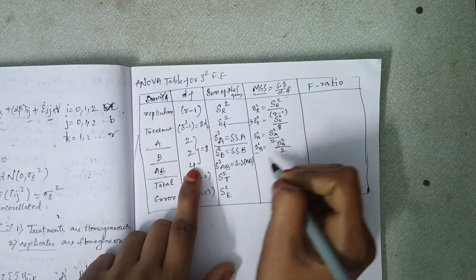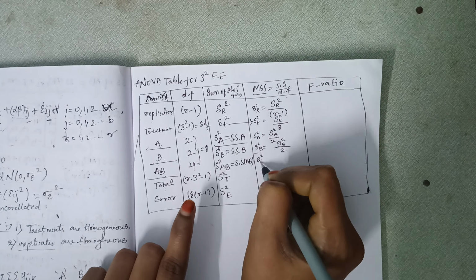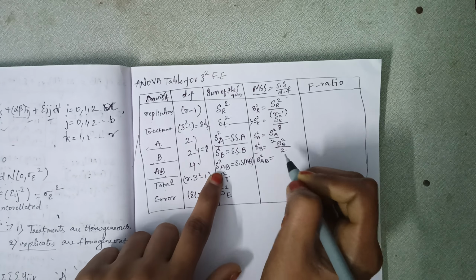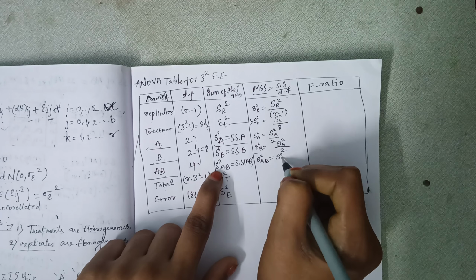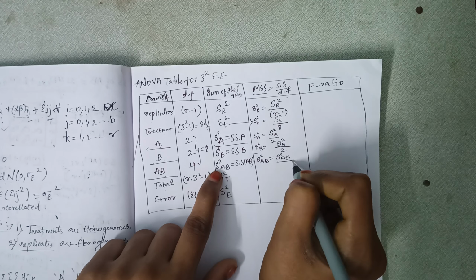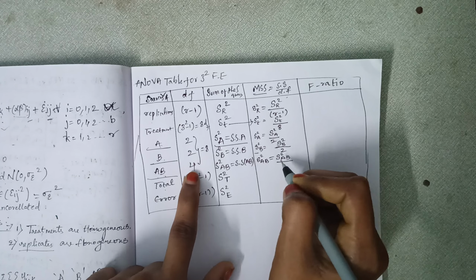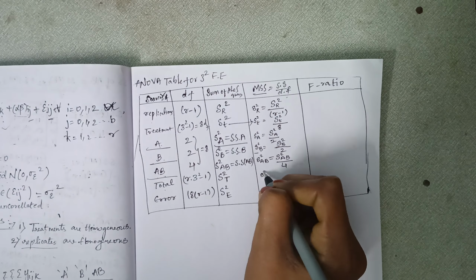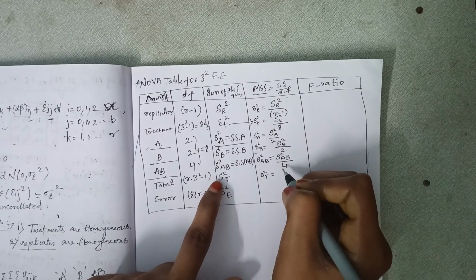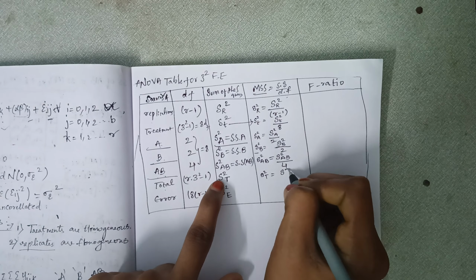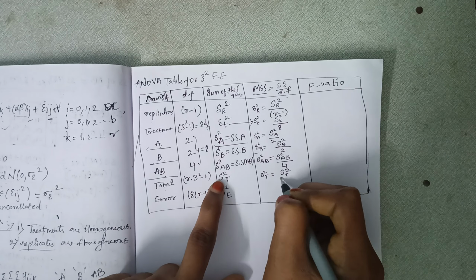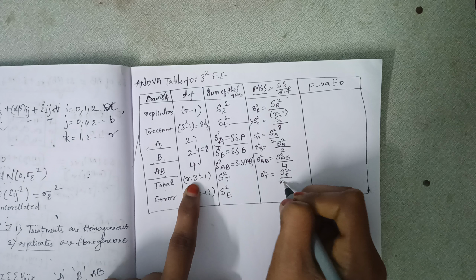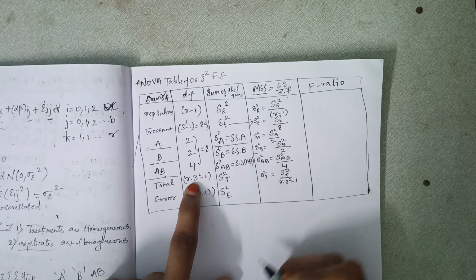And for AB, therefore small s square AB, the mean sum of the squares, which is equals to the sum of the squares, that is capital S square AB divided by degrees of freedom. And degrees of freedom is 4. So divided by 4. And total sum of the squares, which is equals to total sum of the squares divided by degrees of freedom, r into 3 square minus 1.